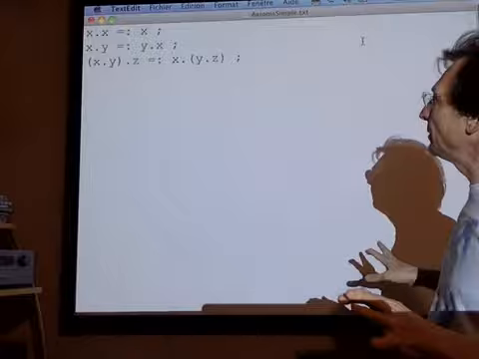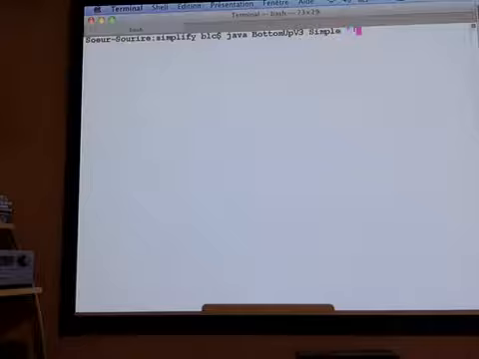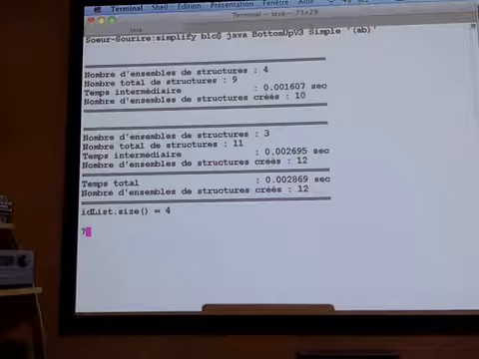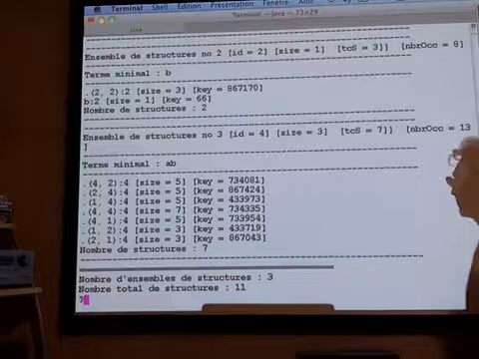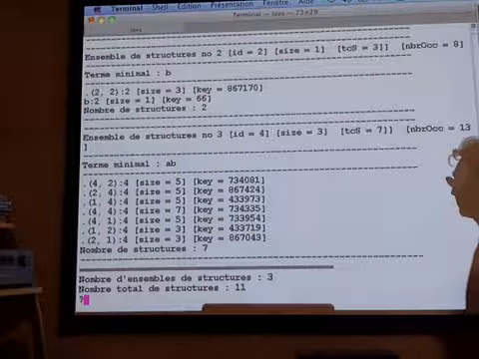Okay. So I will consider just two variables, two constants, okay. So here are the set of structures that are created.